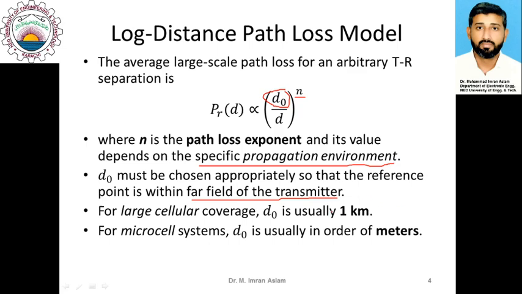A typical value of d naught that we commonly use is 1 kilometer when we are talking about large cellular coverage, and when we are talking about smaller cellular coverage like microcellular systems, d naught is of the order of meters. For example, 100 meters is commonly used, but if we are using even smaller cells, we may use d naught equal to 10 meters.